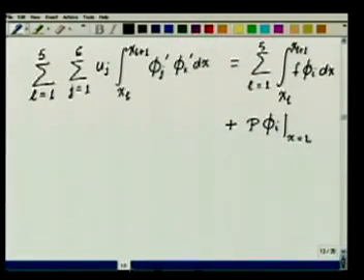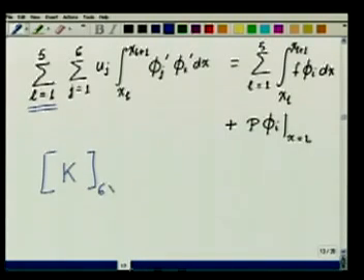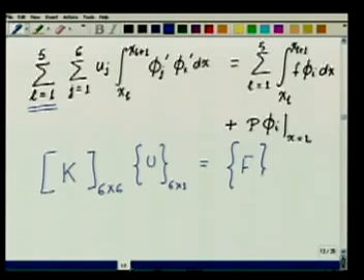Okay, so now what do we have? This integral we have broken into these partitions over these elements. Now if you look at it, we can write this set of 6 equations as a matrix K of size 6 by 6 times a vector U of size 6 by 1 equal to a vector F. Where does this come from?